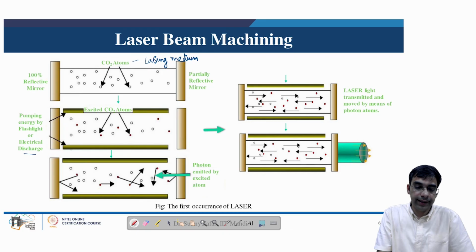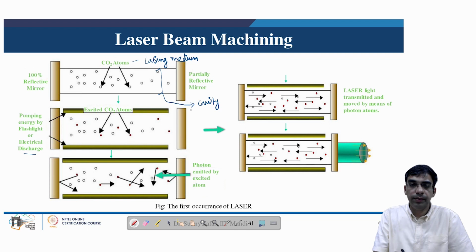These lamps surround this cavity where the lasing medium is stored, and the cavity may be optically transparent to this electrical discharge. So electrical discharge or xenon lamps may be used, which provide the incoming energy for the electrons in the atoms to go from the ground state to the excited state.